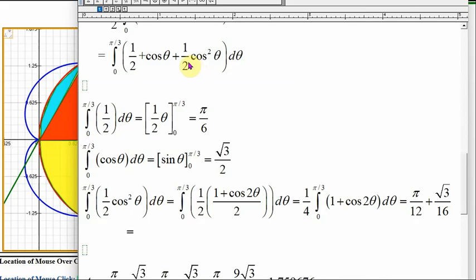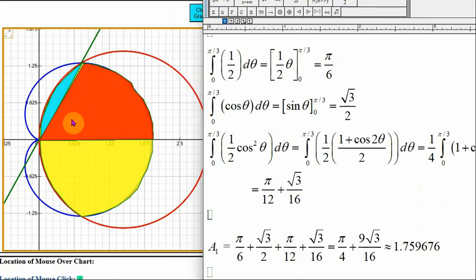For the 1/2 cosine squared theta, recall that cosine squared theta is 1 plus cosine 2 theta over 2. So we have 1/4 times the integral of 1 plus cosine 2 theta. Working this out, it comes to pi over 12 plus the square root of 3 over 16.